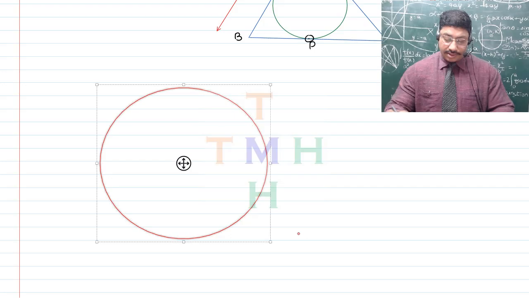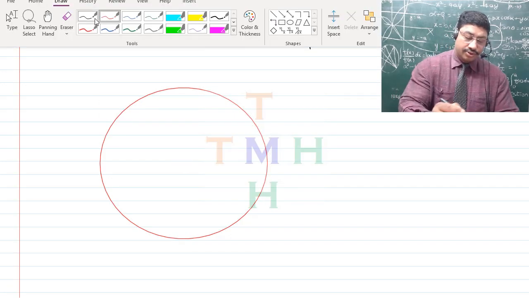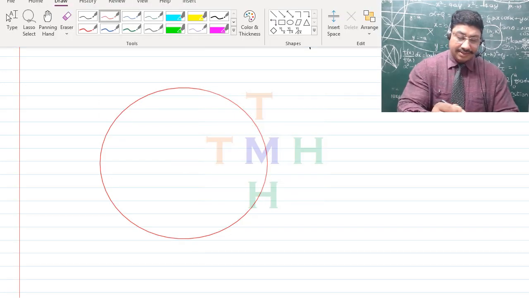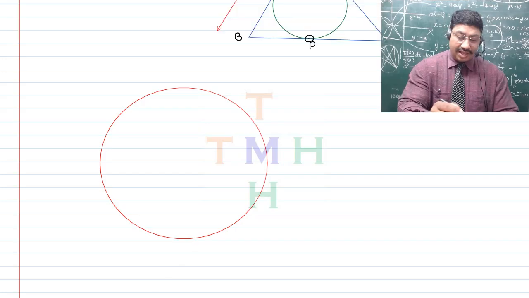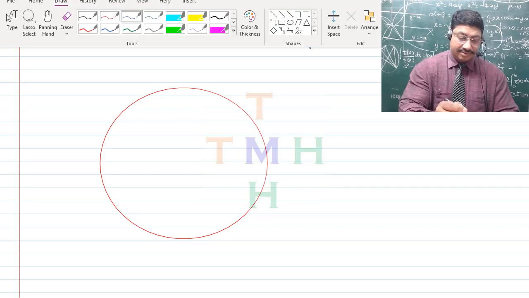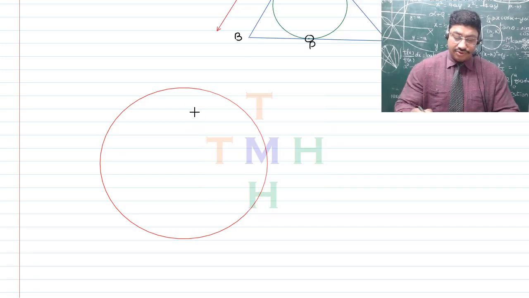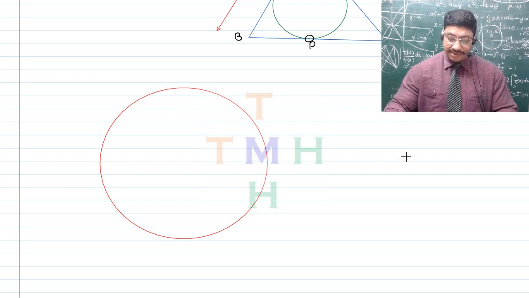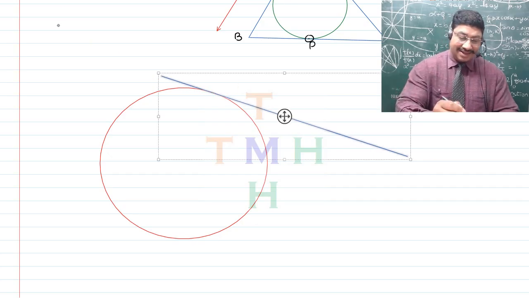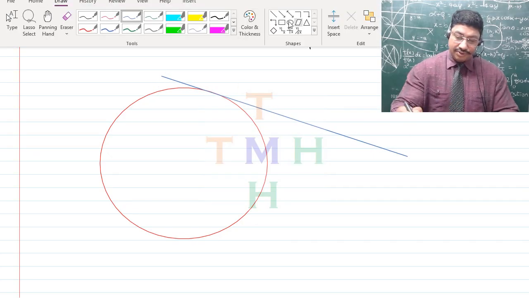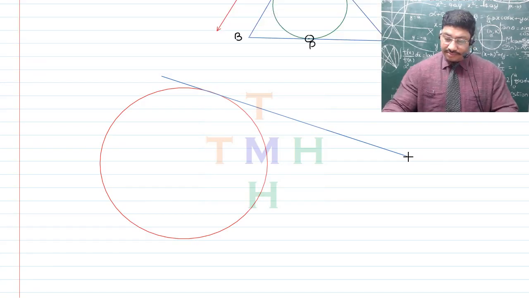And now we'll be drawing two straight lines which are touching the circle. One of the straight lines that can be drawn is, say, something like this, and the other straight line similarly can be drawn something like this.